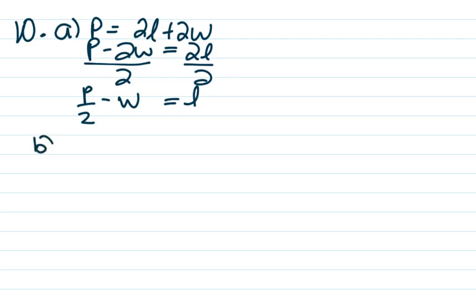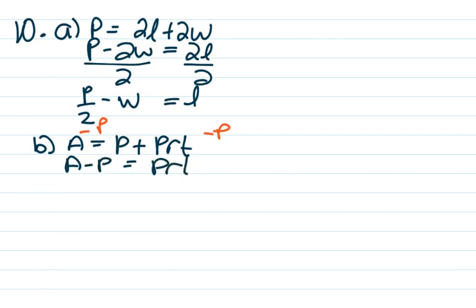B, A equals P plus PRT, and then you just get T by itself. So first I'm going to subtract P from both sides. Now I'm left with A minus P equals PRT, and then I'm going to divide both sides by PR.